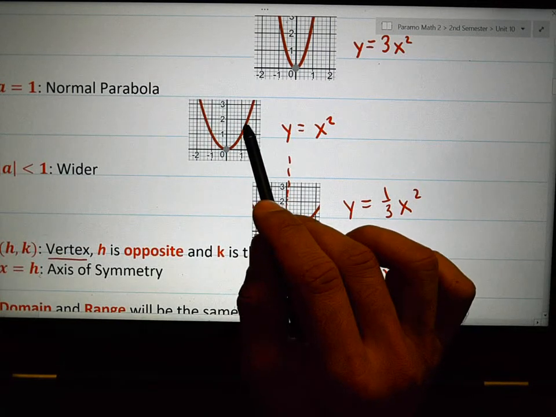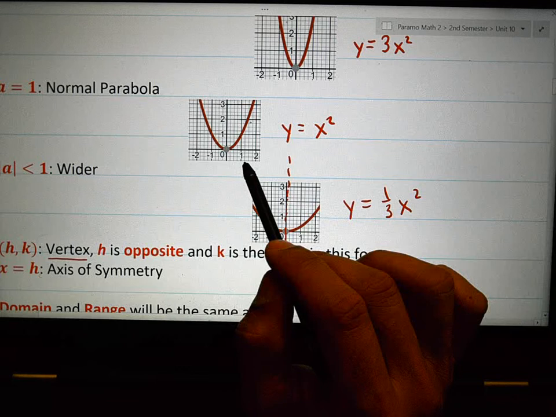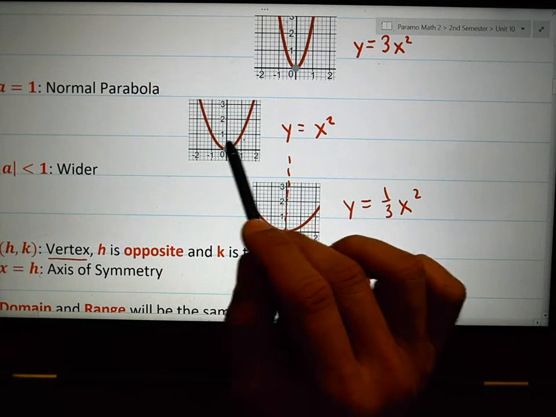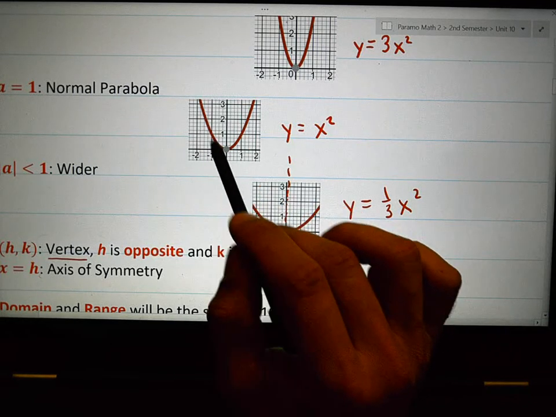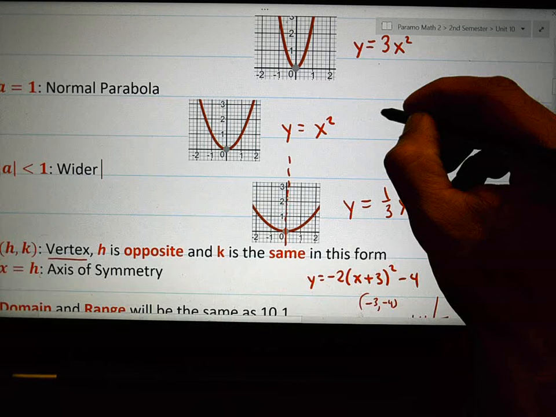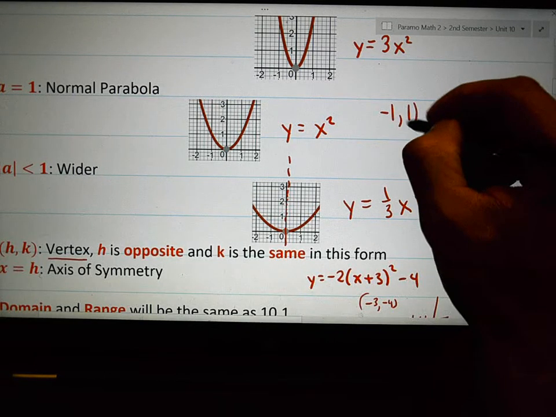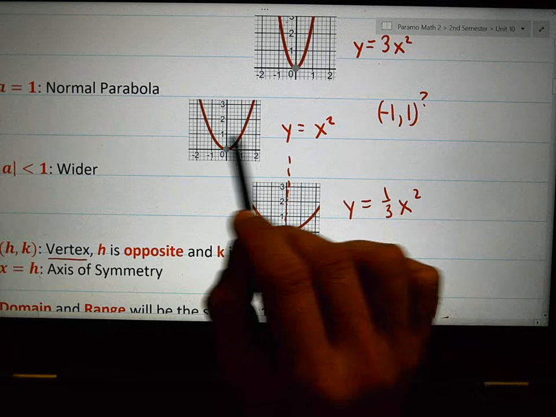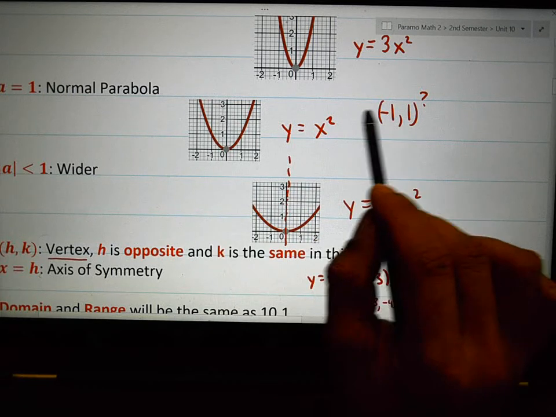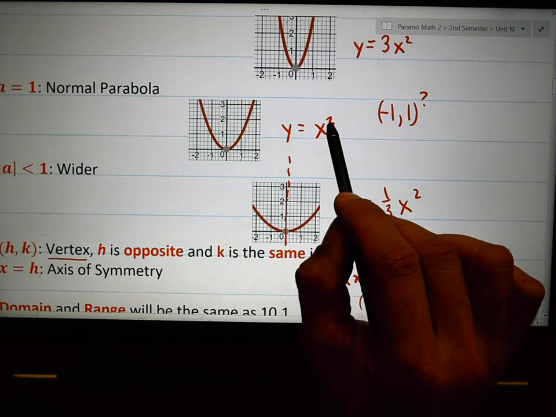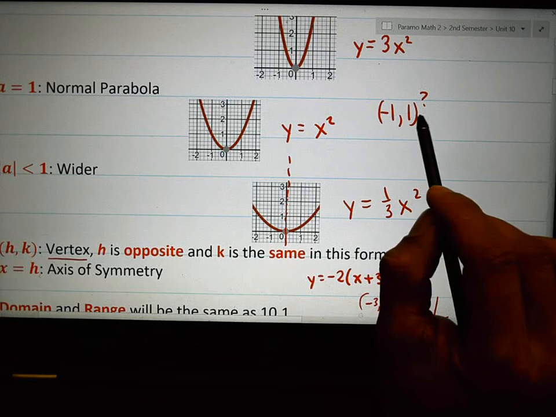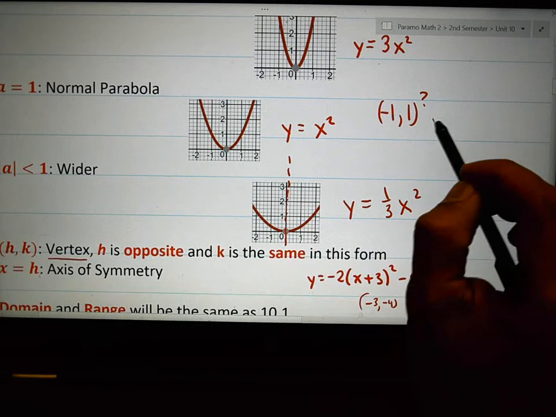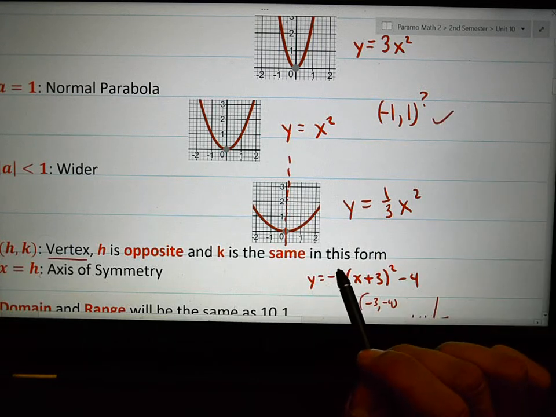Like if you're looking at this and you say, I wonder if -1 is a solution. You don't know if it's a solution. Is that on the graph? You can plug this in. -1 times -1. Does it equal that y value? If it does, it is a solution. If it doesn't, it's not a solution.